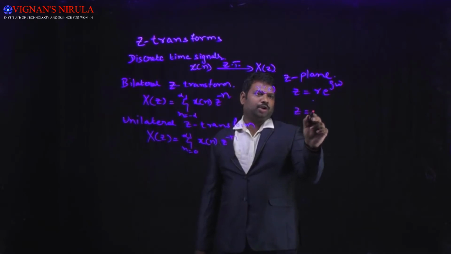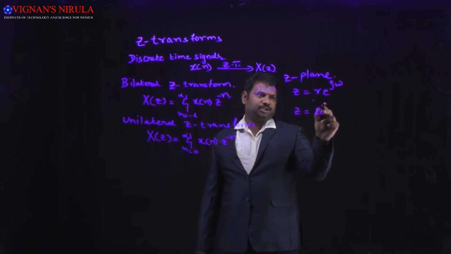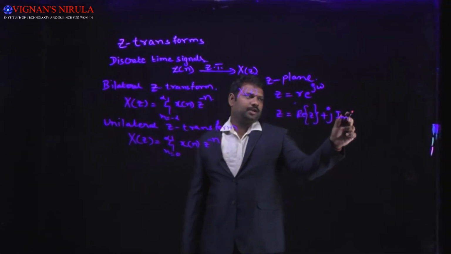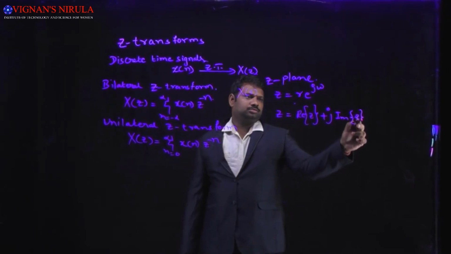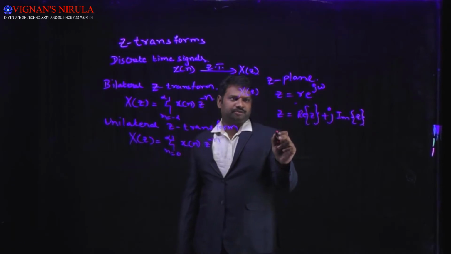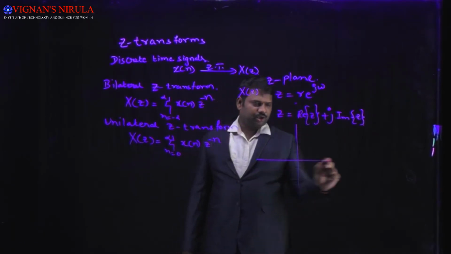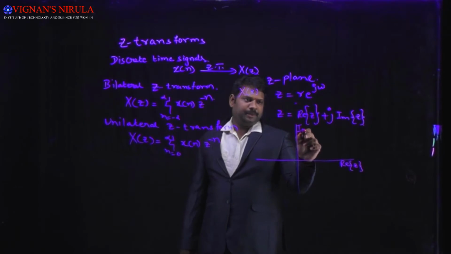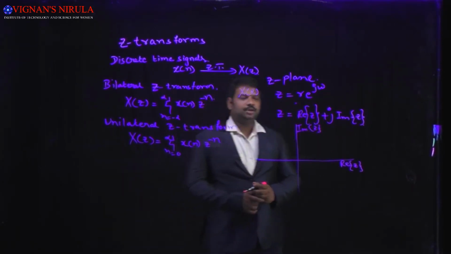In terms of the complex coordinate form, it will be represented as real part of z plus j into imaginary part of z. The real part of z will be taken on the x-axis and the imaginary part of z will be taken on the y-axis.